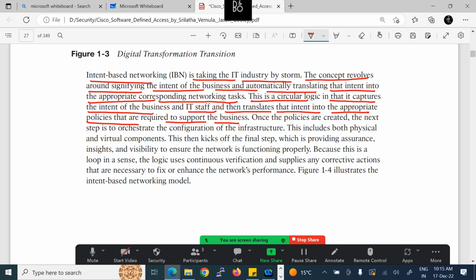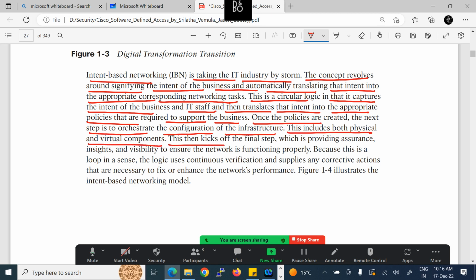This is what I'm talking about, right? Your intention must be clear, and leave other things to the software or the controller. Once the policies are created, the next step is to orchestrate the configuration of the infrastructure. This includes both physical and virtual components.